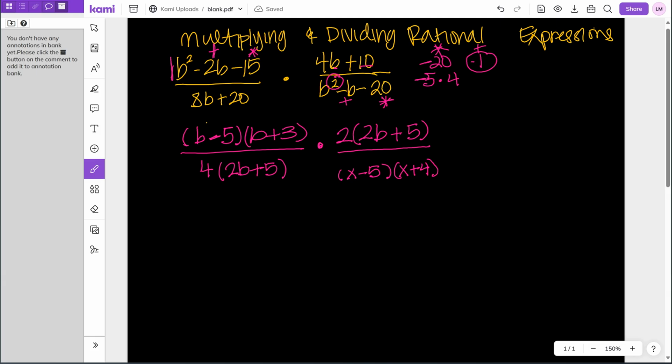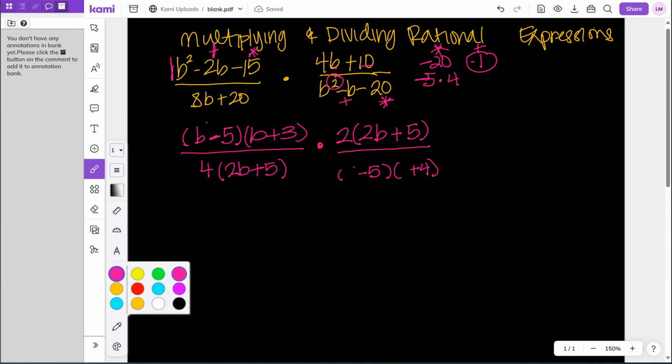Speaking of b, I changed these to x's. I'm so sorry. Let's get those back where they're supposed to be. I'm sure you guys caught that.